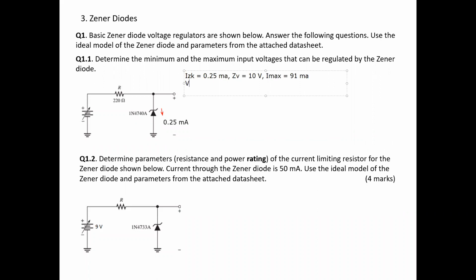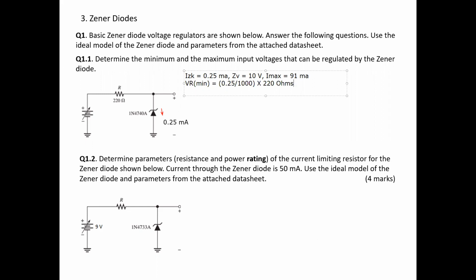V R min should be given by 0.25, this is in milliampere, divided by 1000 because we need to convert it into ampere, multiplied by the resistance that is given, that is 220 ohms.